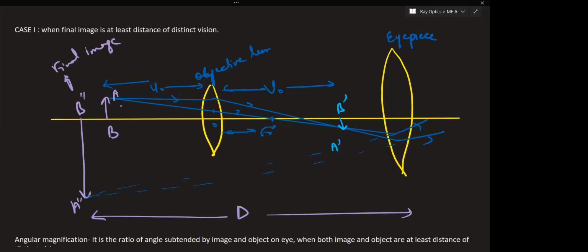Got it? And again, the angle subtended by the object on the human eye, that is alpha. Understood? I haven't drawn it over here, let me draw it in this diagram only.